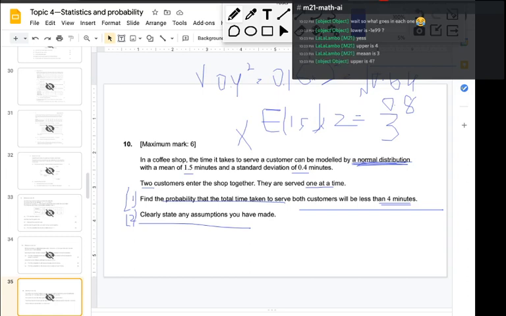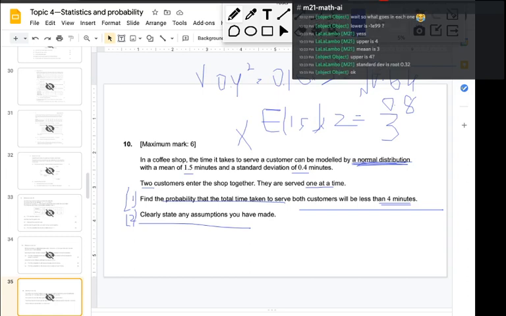Upper, the mean is 3. Don't forget to not use the original mean. And lower is not 0.